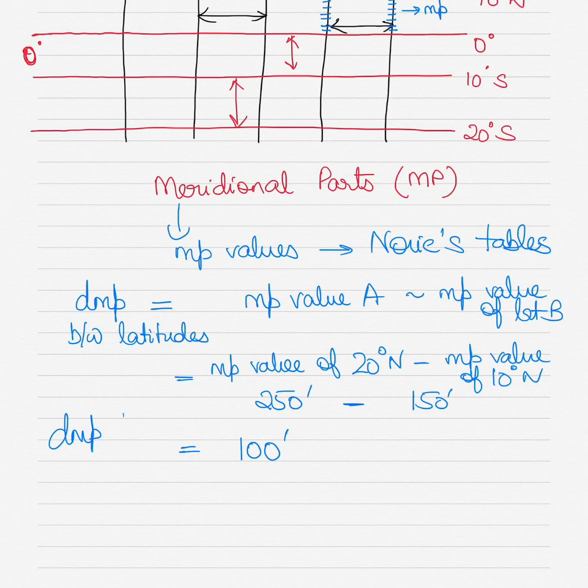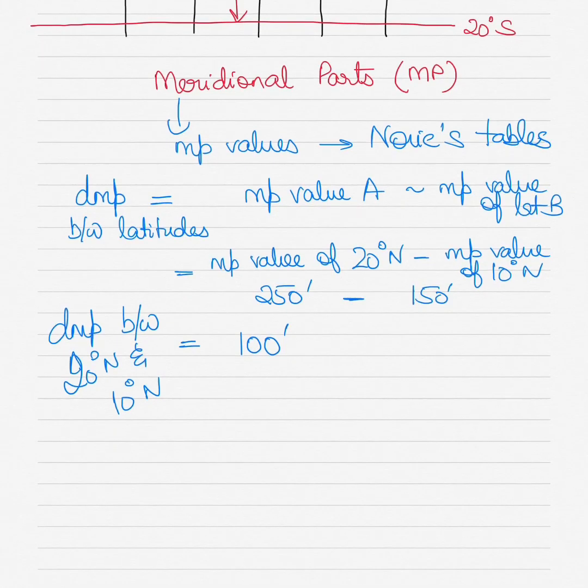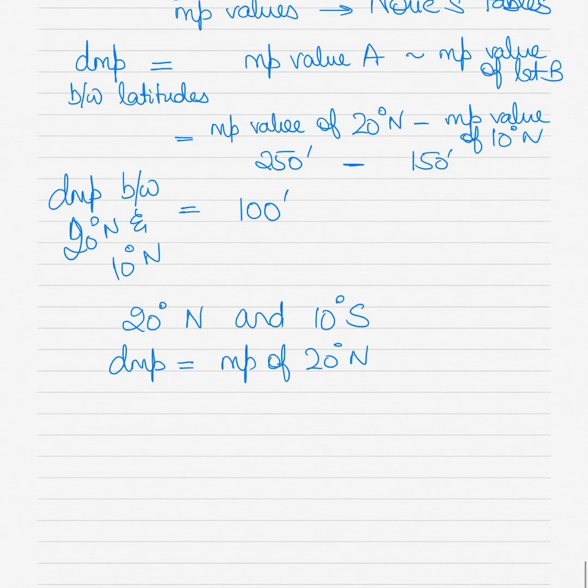This will be the DMP between the latitudes of 20 degrees north and 10 degrees north. However, if it was 20 degrees north and 10 degrees south, I would add the MP values. So DMP would be MP of 20 degrees north plus MP of 10 degrees south. You will add the two values if they are in different hemispheres.